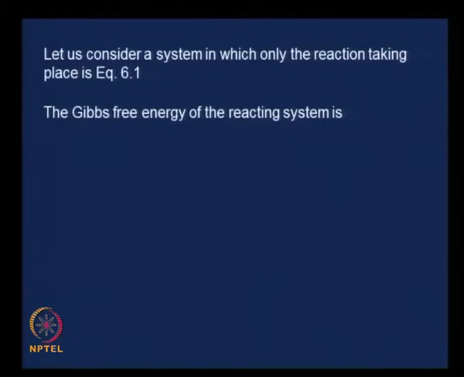The Gibbs free energy of the reacting system is GT, as we had seen earlier, that can be written as N1 into mu1, the chemical potential per unit mole, therefore N1 mu1 will give you the total free energy corresponding to species 1, plus N2 mu2, the total free energy corresponding to species 2, plus N3 mu3, the total free energy corresponding to species 3, or species A, species B and species C. Let us call this equation 6.6.